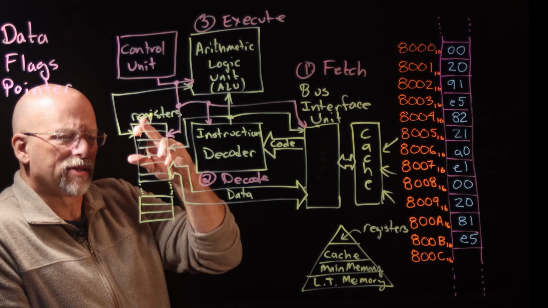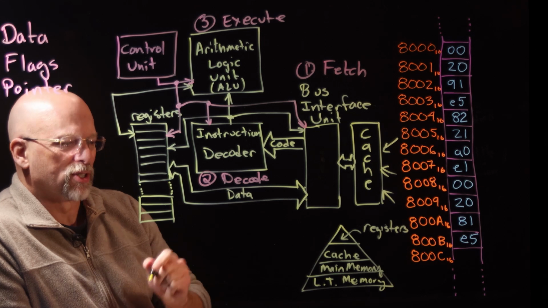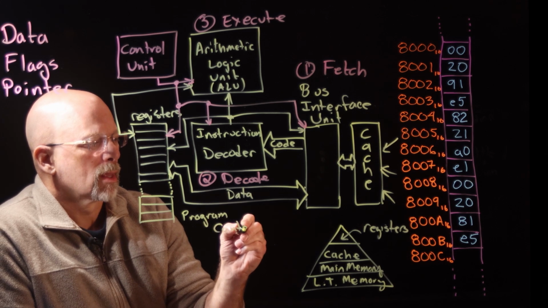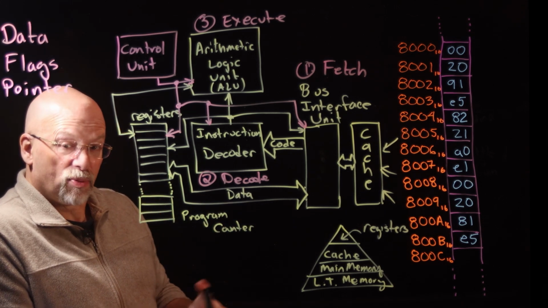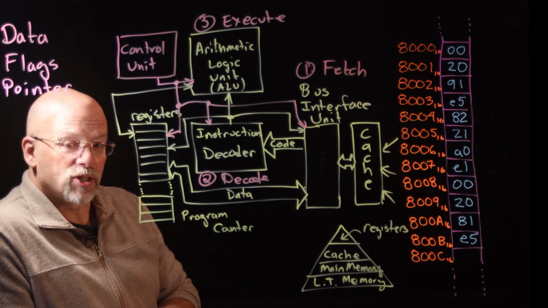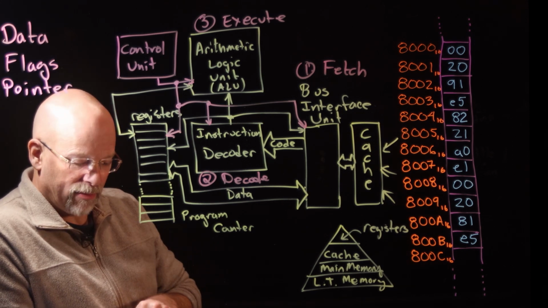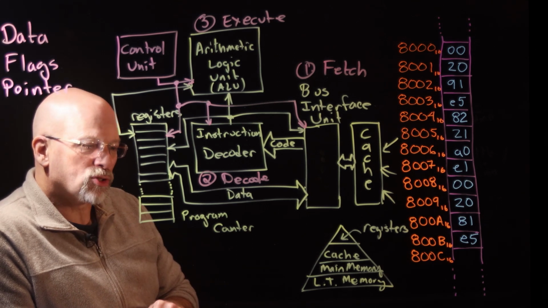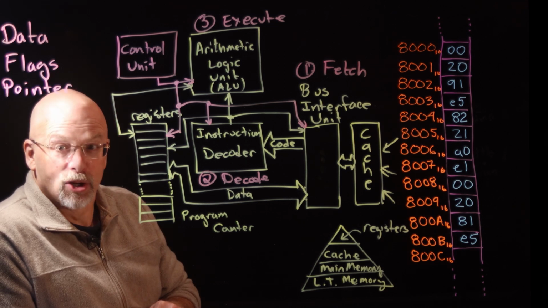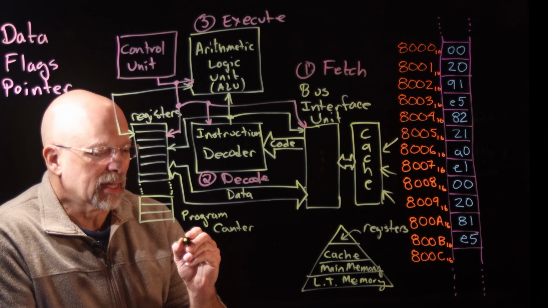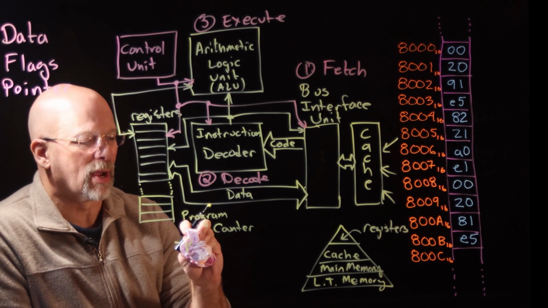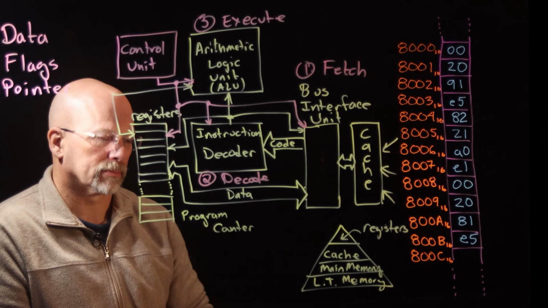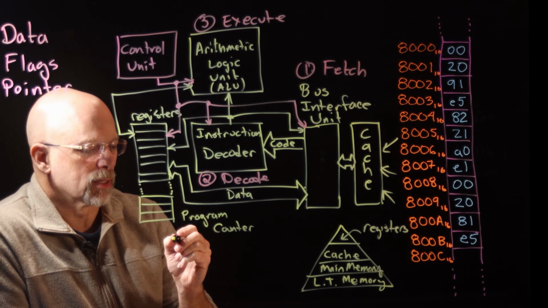The last register, the 16th register in this list, is called a program counter. In the Intel processor, it's called an instruction pointer. In fact, Intel's name for this register probably makes a little more sense than program counter. Instruction pointer: it points to an instruction. Specifically, it contains the address, and I started to write down points here, but let's stay away from the language of C and C++ and so forth.